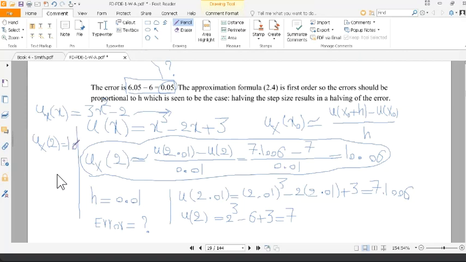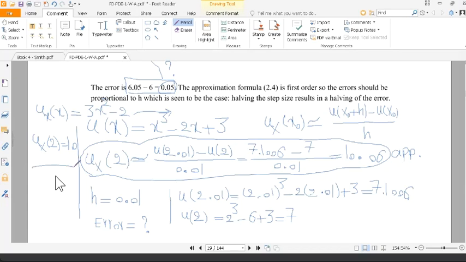The exact solution for u_x at 2 is 10 and the approximate solution is 10.06.